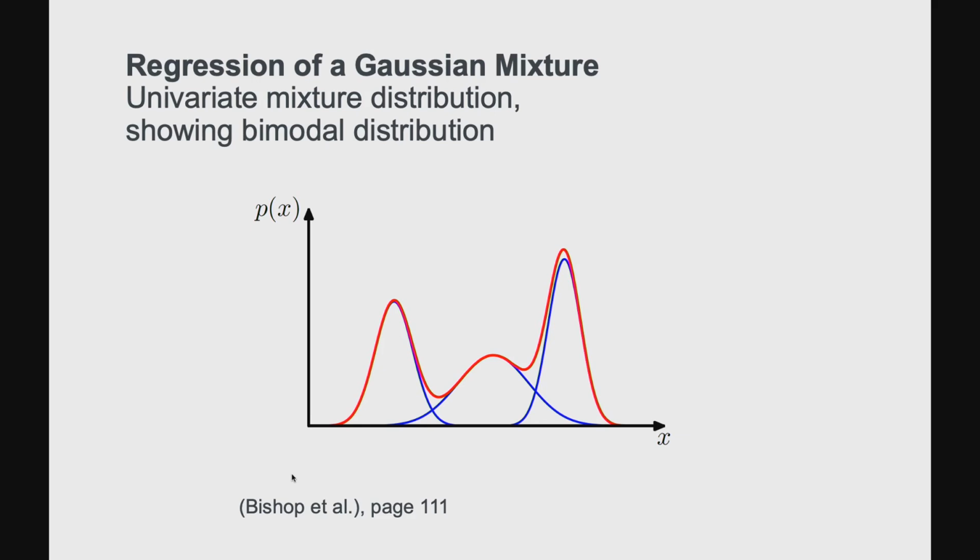And Gaussian mixture models are a very popular way of modeling distributions. They often come from a combination of several underlying distributions. For example, let's assume we have objects that we want to describe or recognize, like in this example with the dogs, and we may have different types of dogs.